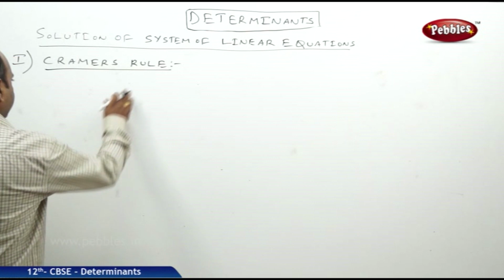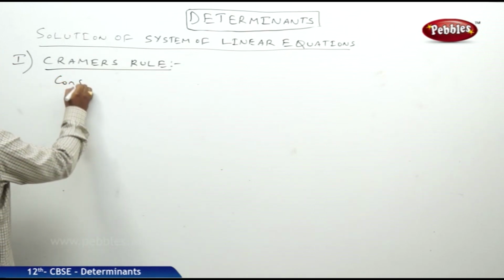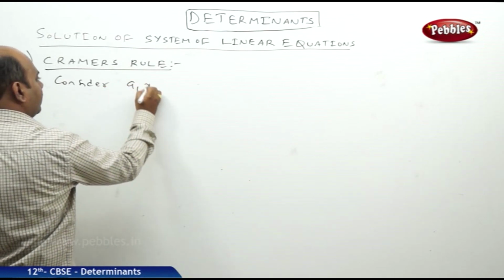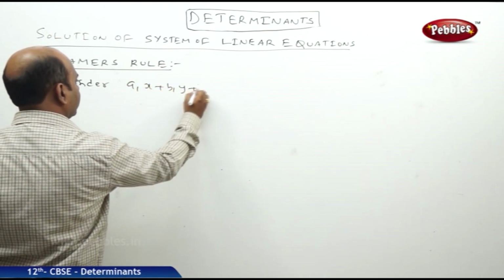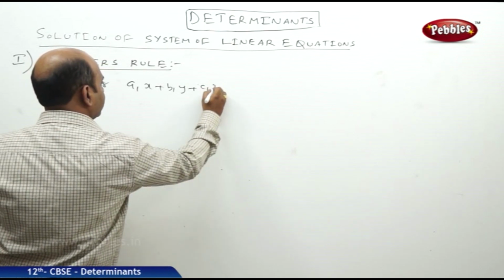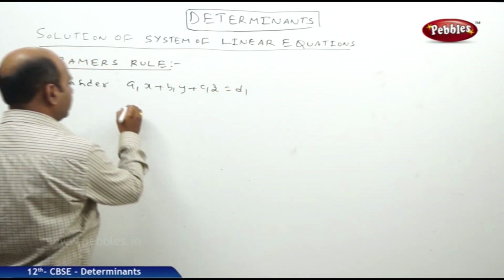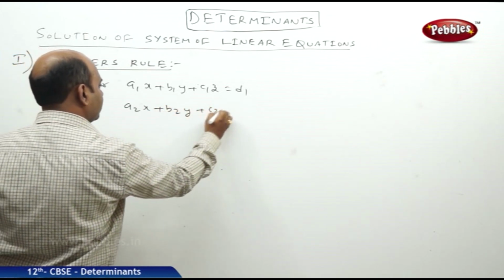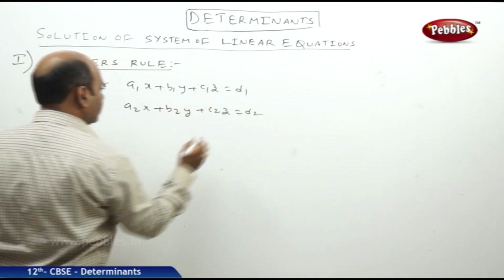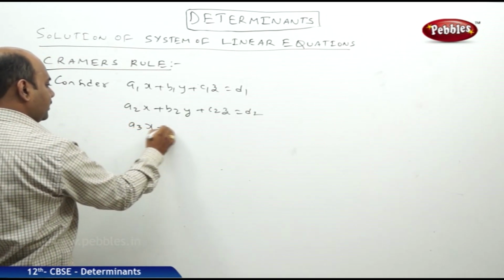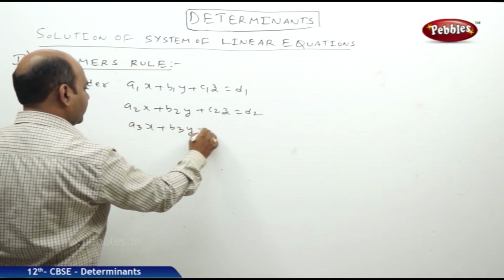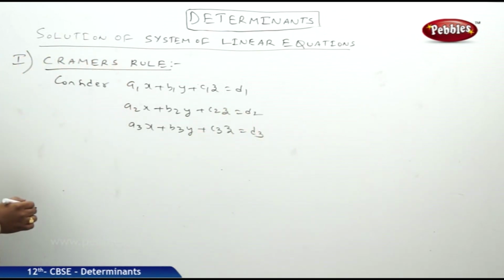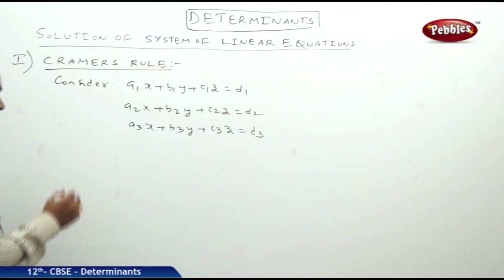Now what I will be doing, consider a1x plus b1y plus c1z equal to d1, a2x plus b2y plus c2z is equal to d2, a3x plus b3y plus c3z is equal to d3, a system of linear equations.